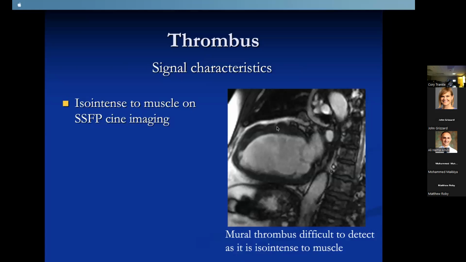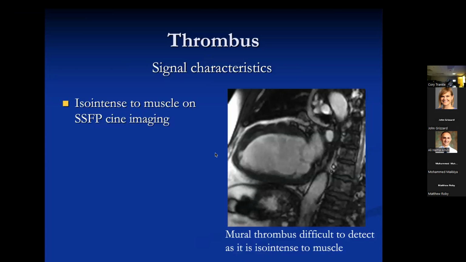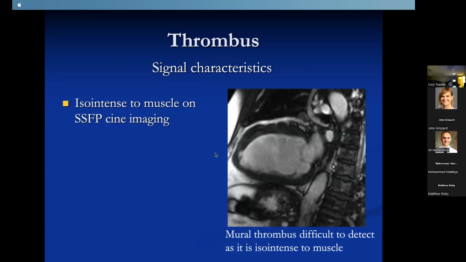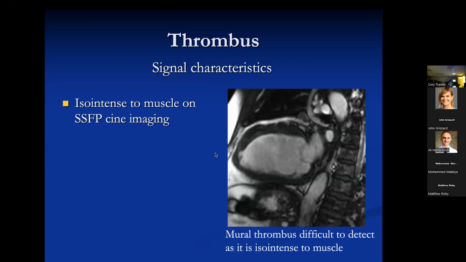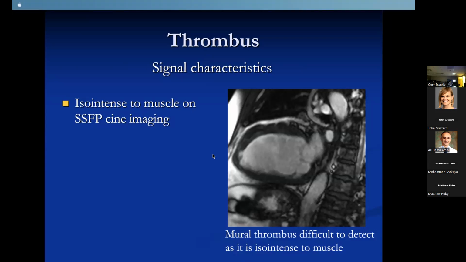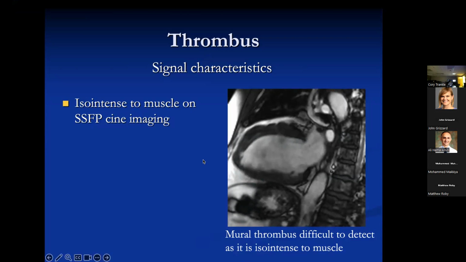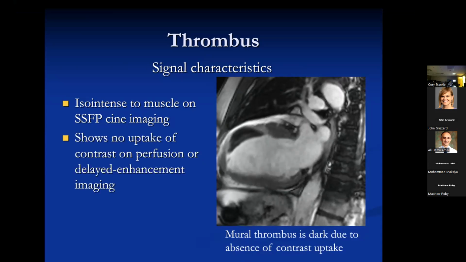Prior to contrast, this was not detected. We knew there was something wrong with that wall. It was thick and it wasn't moving properly, but it really was a lot more apparent what it was after you gave contrast. So there it is, post-contrast. It becomes really apparent. And thrombi will obviously not take up contrast on perfusion or delayed enhancement imaging.